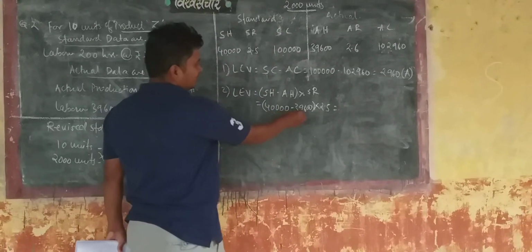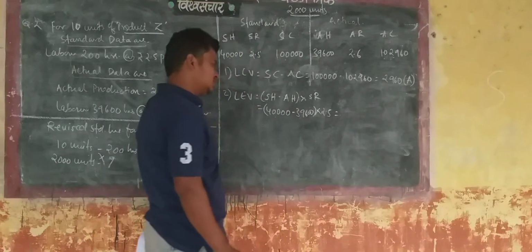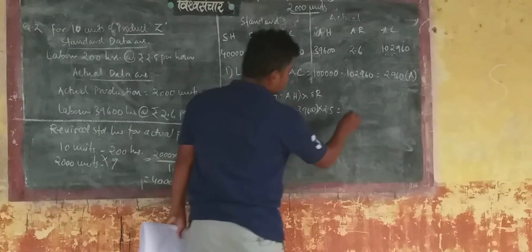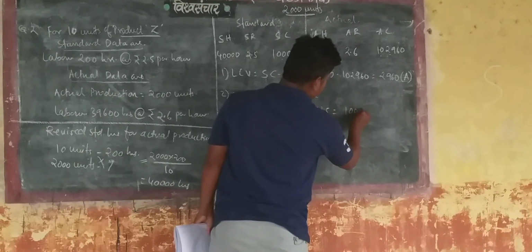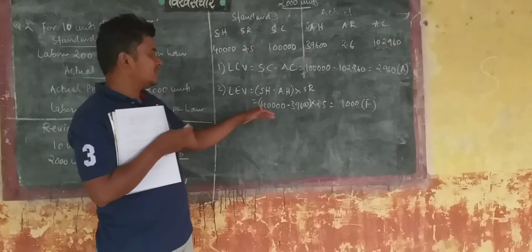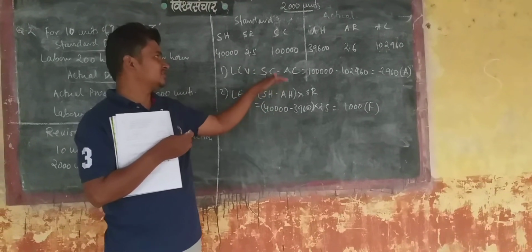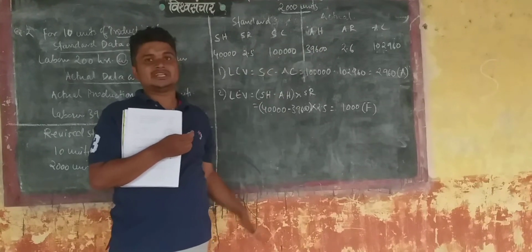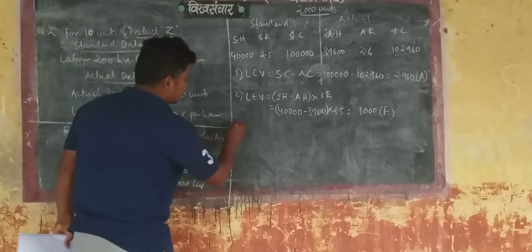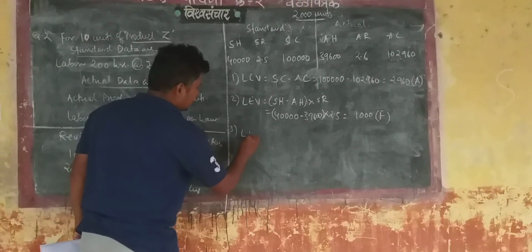So 40,000 minus 39,600 is 400. 400 into 2.5 becomes 1,000. Favorable. Why favorable? Because standard hours we decided 40,000, but laborers actually worked for 39,600. We saved 400 hours.